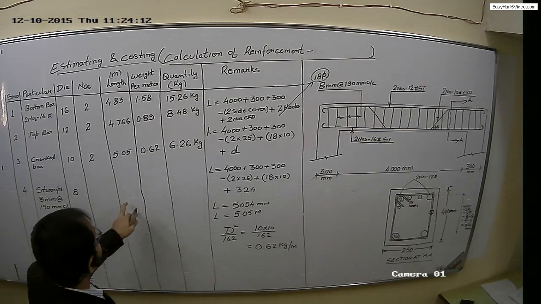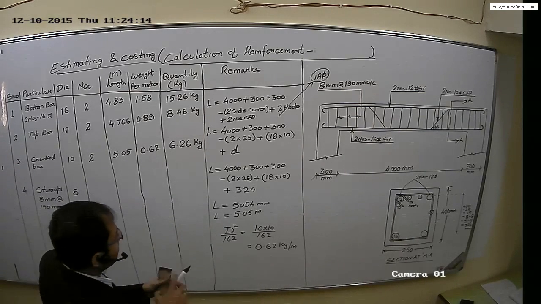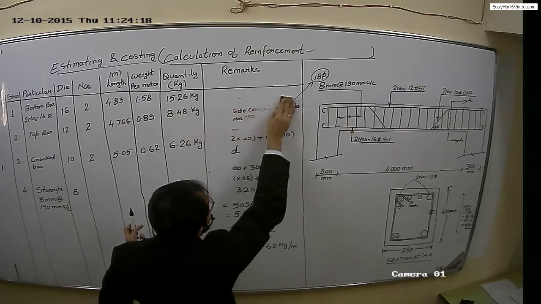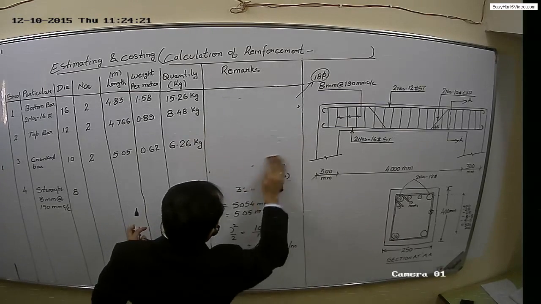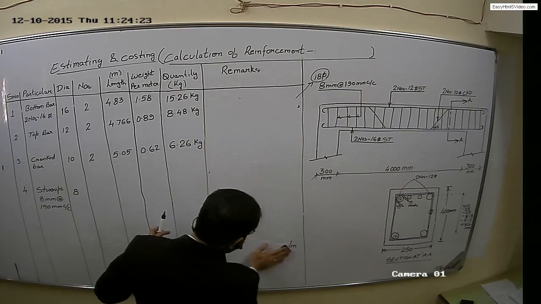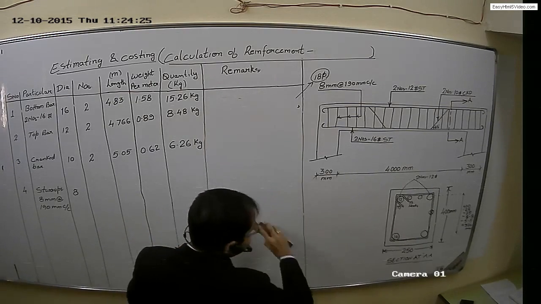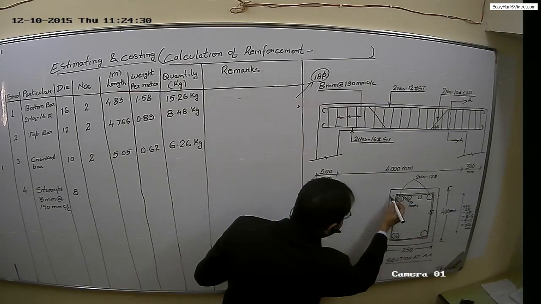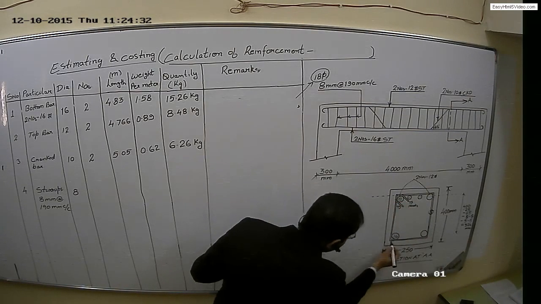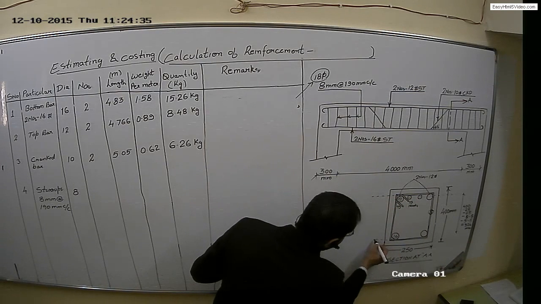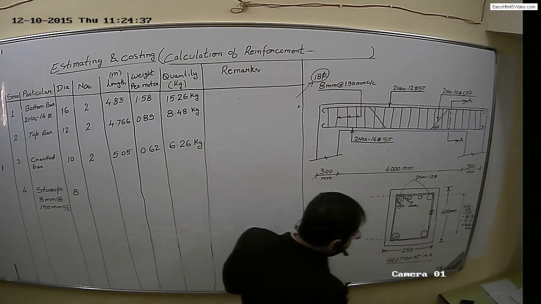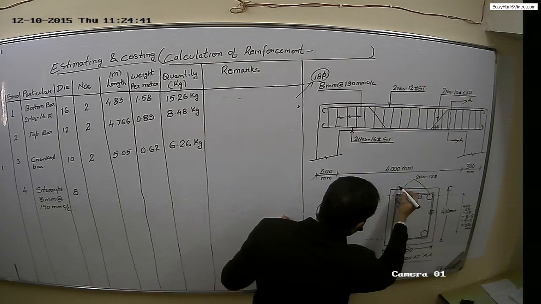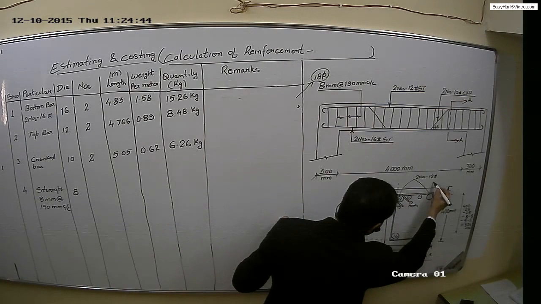First we will calculate the length of stirrups. So how will you calculate the length? See, this is a section. You have to calculate the center to center distance of this stirrup, okay, and center to center distance of this stirrup.